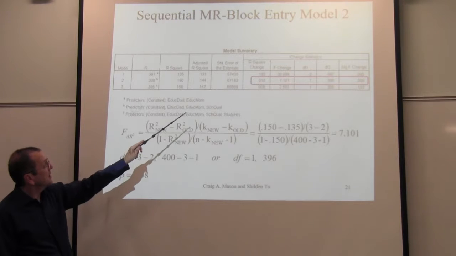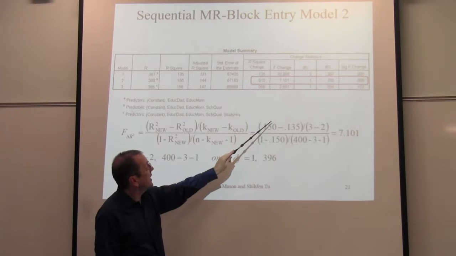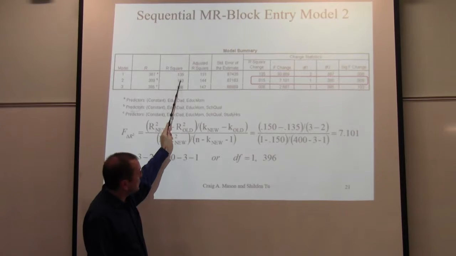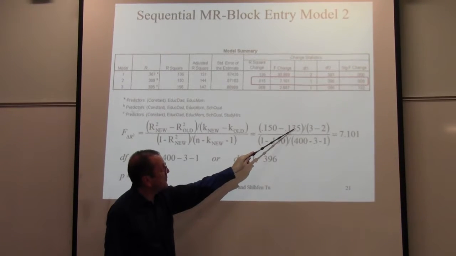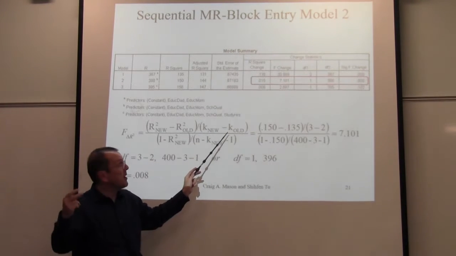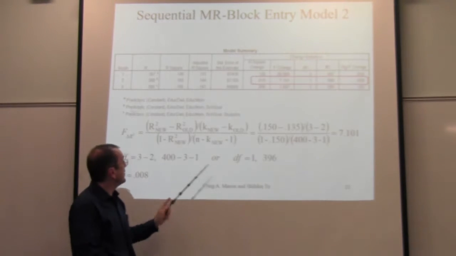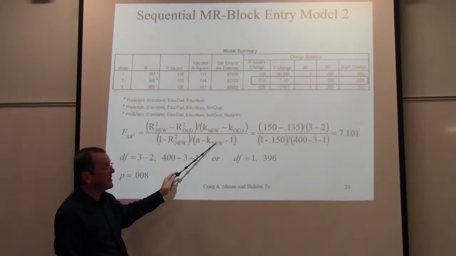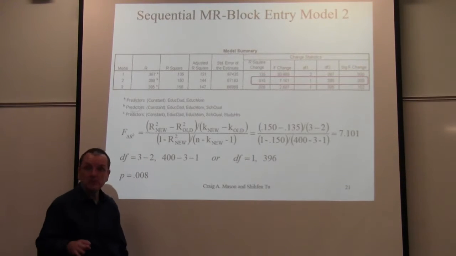So now it's going to be the R squared new 0.15 minus R squared old 0.135, divided by K new. How many variables? 3. Minus K old, the old was 2, so 3 minus 2, divided by 1 minus the R squared new, 0.15, divided by n minus K new, 3 minus 1, gives us 7.101. Everything works.